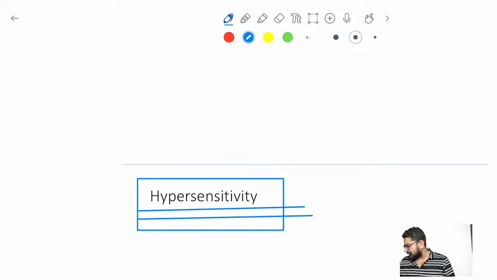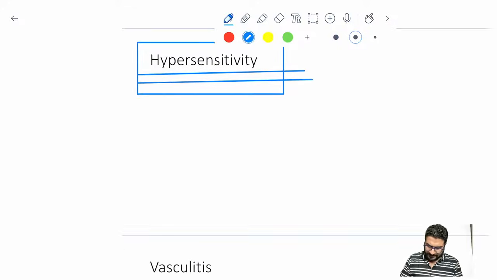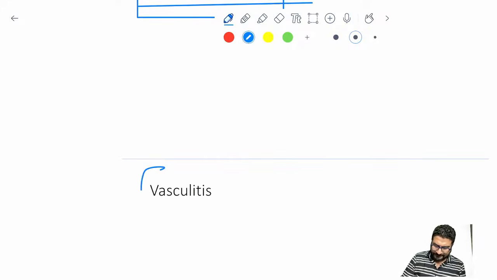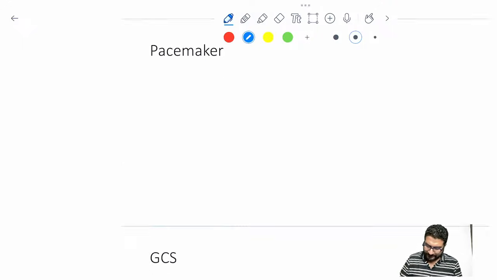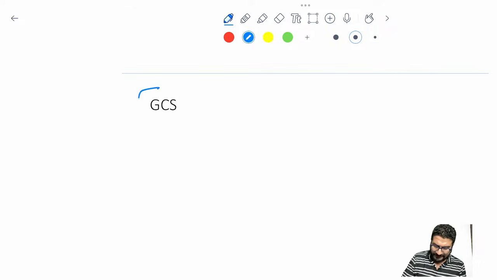I have prepared a list of important topics, most of which I have covered. Then vasculitis they ask in the exam. We have different types of vasculitis, like the Chapel classification: large vessel, medium vessel, small vessel. Then very important is the Glasgow coma scale.